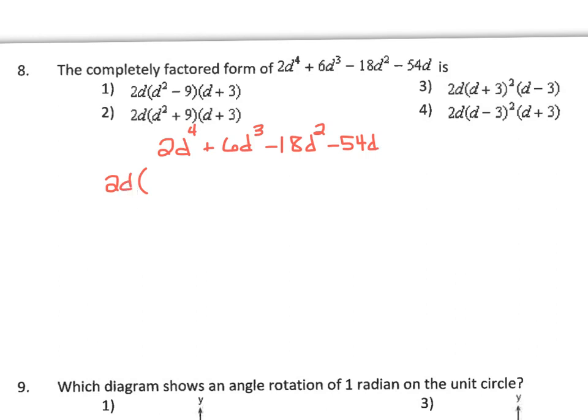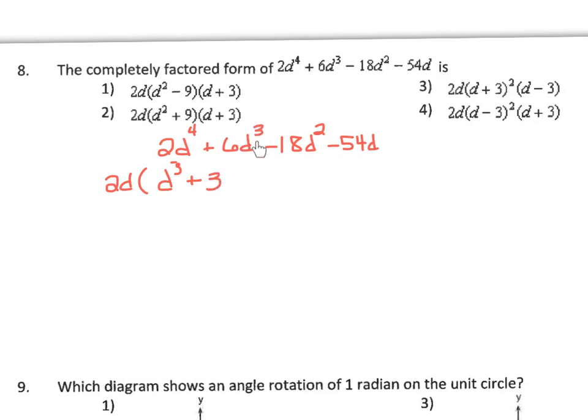Okay, so let's see what we're left with. So if we had 2d to the 4th and we pulled out a 2d, well, we had a 2 and we pulled it out, and we had 4 d's and we took one of them out, so we still have 3 of them, so we could rewrite that as d cubed. And then plus, so when you're factoring something out, you're really dividing. You're saying 6 divided by 2 is 3.